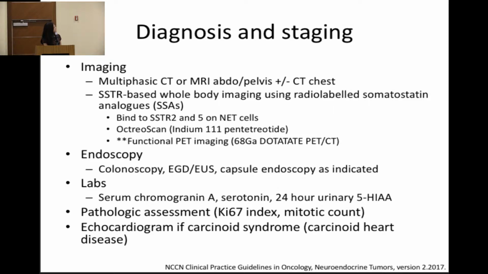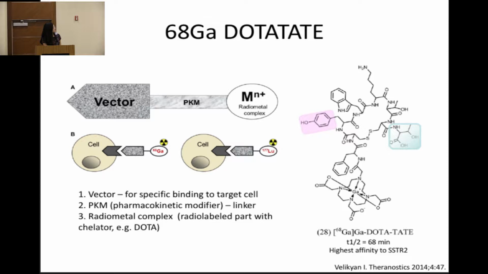valvular problems. So this is the gallium 68 DOTATATE, the PET tracer that's used in the gallium scan. In general, the structure of PET tracers is illustrated here. There's a vector that helps the tracer bind to the target cell.